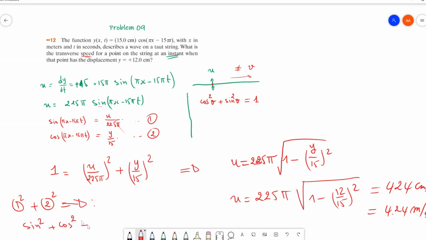This is on the left side. On the right side, it will give me (u over 225 pi) square plus (y over 15) square. But these two squares, the sum is giving me 1. I did it on purpose to have 1. Okay, and I get this formula here.